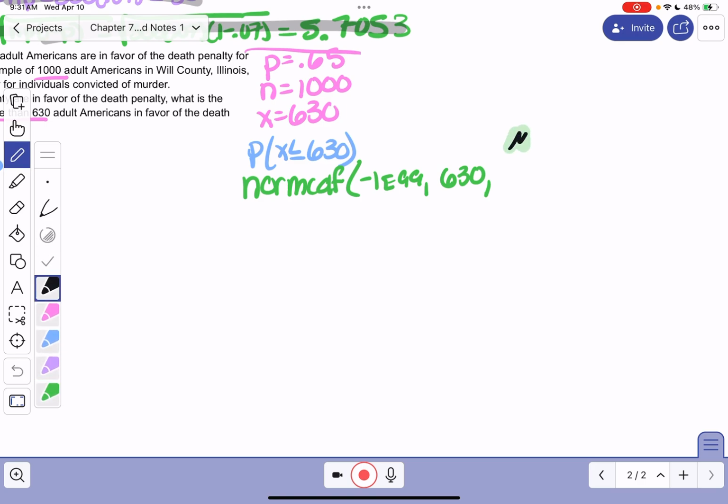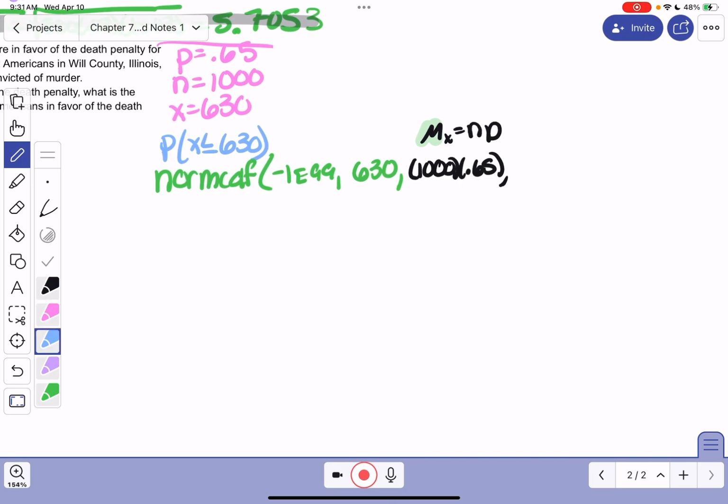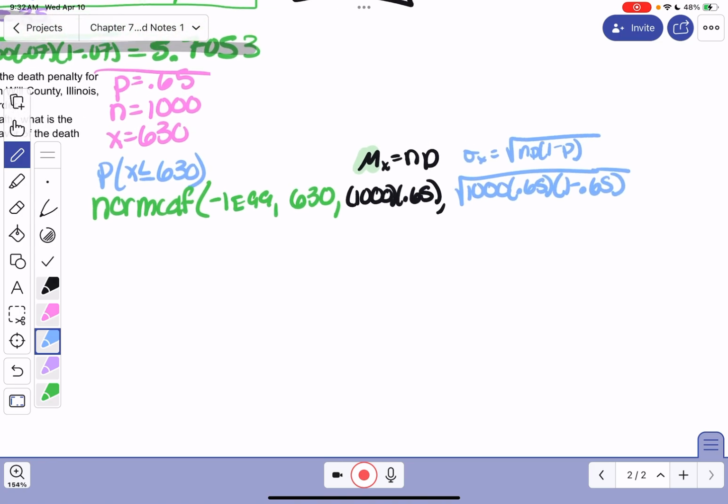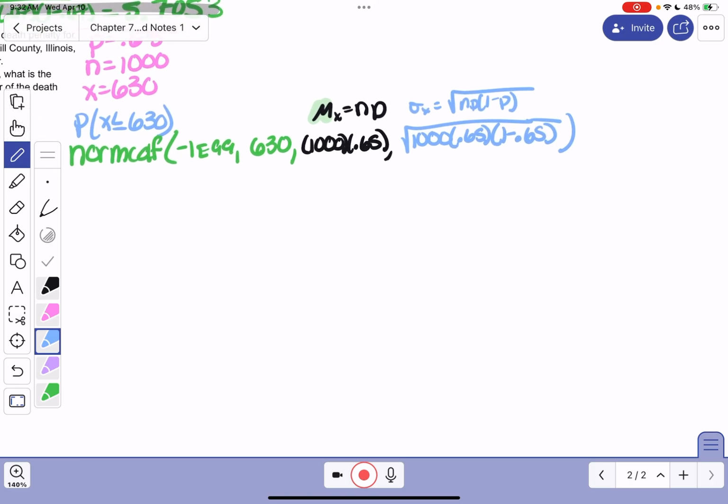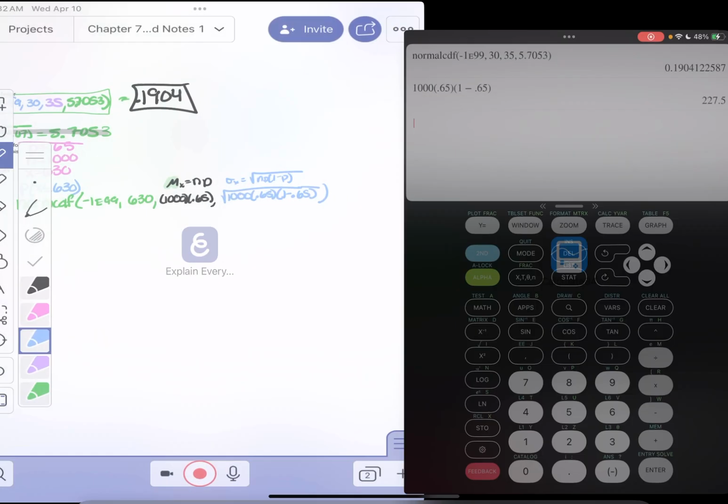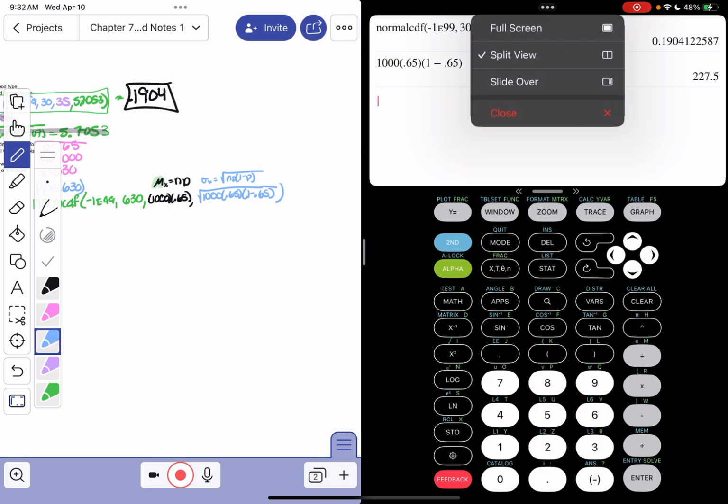If our mean is NP, we can just type N times P for our mean. And then our standard deviation was the square root of NP times 1 minus P, so we can just type that: square root of 1,000 times 0.65 times 1 minus 0.65. You can type them in just like that if you don't want to do the math out separately, and you'll get the same answer within pretty close approximations.